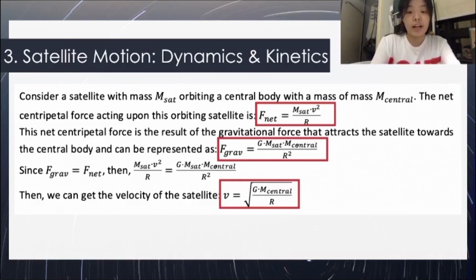Using the equation derived above, the total force is m_satellite times v squared divided by r. We also know that the centripetal force of the satellite is given by gravity, which is G m_satellite times m_central divided by r squared. Setting these two equations equal, we can derive the v of the satellite, which is the square root of G times m_central divided by r.